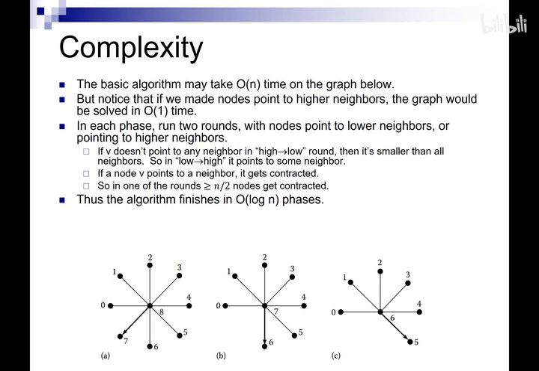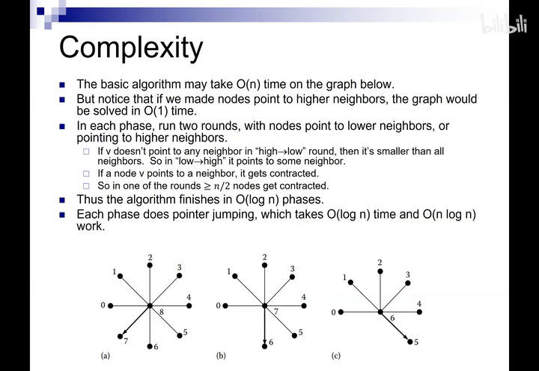And so because we can contract half the nodes each time, this algorithm is going to terminate with 1 node in a logarithmic number of rounds. To look at the amount of work, each round is going to do pointer jumping. The pointer jumping is going to take log n time, and it's also going to do n log n work.